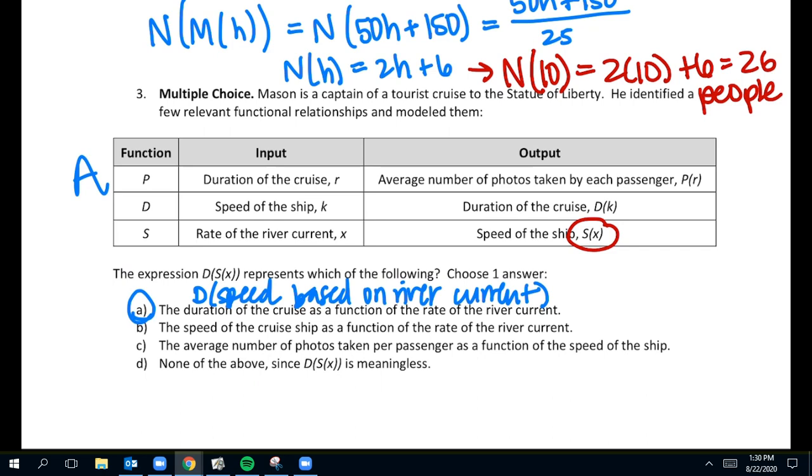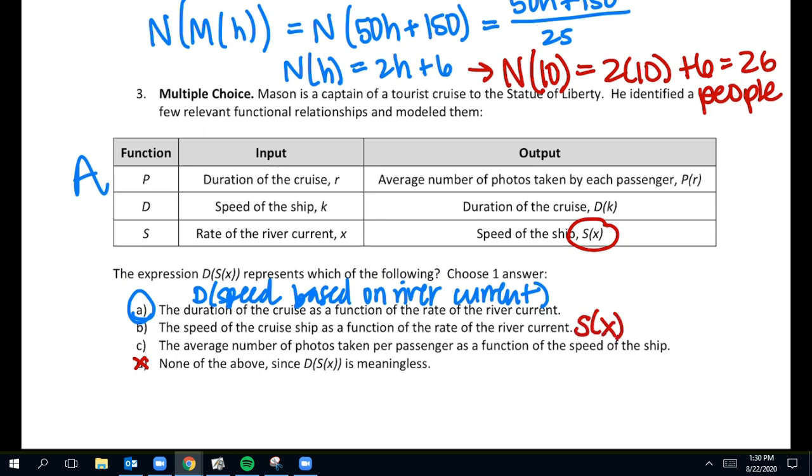Let's just look at B, C. Well, not D because it's not meaningless, but let's look at B and C and see how we can write those as compositions. So you have the speed of the cruise ship as a function of the rate of the river current. Well, that's just S of X. That's already a function there.